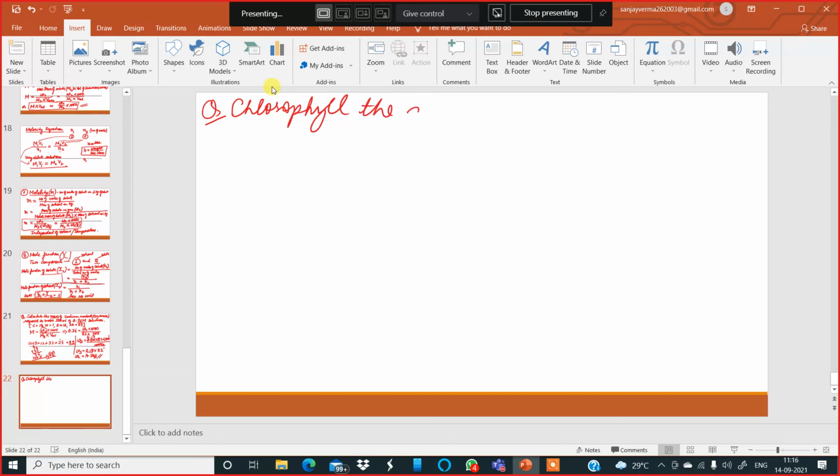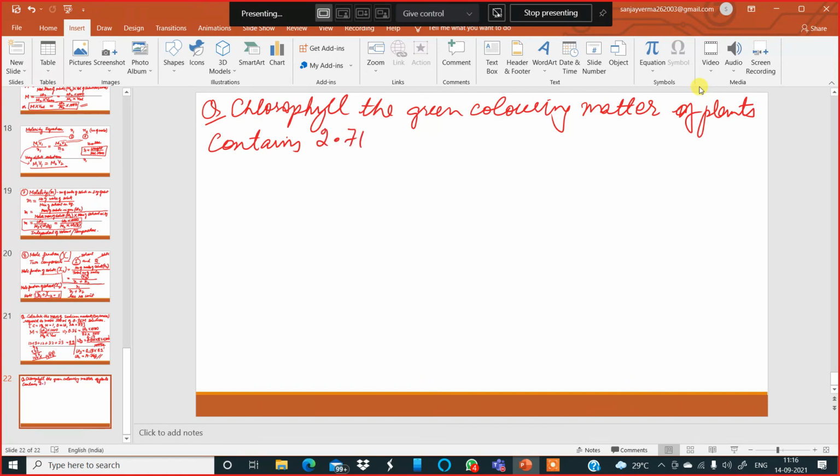Chlorophyll, the green coloring matter of plants, contains 2.71% of magnesium by mass. Magnesium by mass. So by mass, the percentage is given.